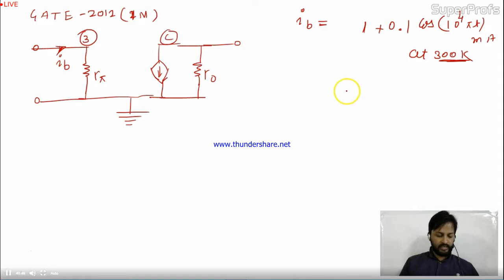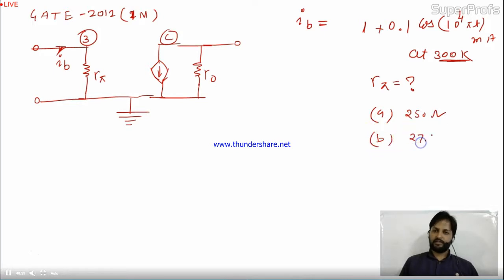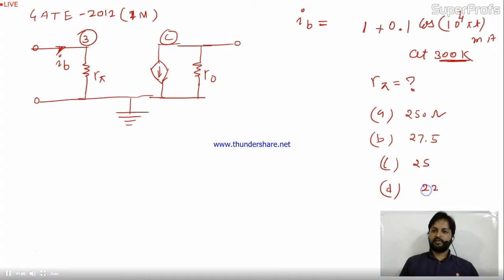The R pi in the small signal model of the transistor is, then, and your options are 250 ohm, option B is 27.5, option C is 25 itself, and option D is 22.5 ohm. The R pi. Is it okay? So R pi is what?